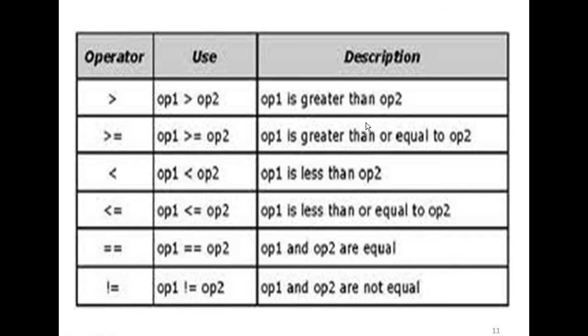In the relational operators, you have greater than equal to, less than equal to, double equal to, which is usually used to compare two values, and not equal to.